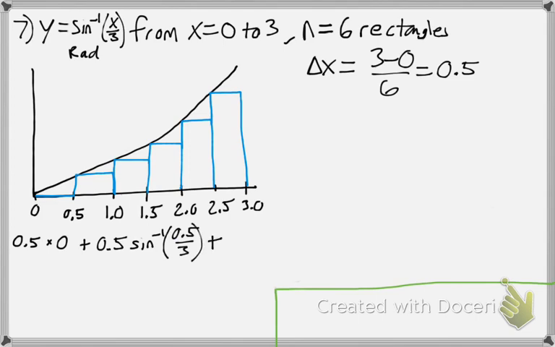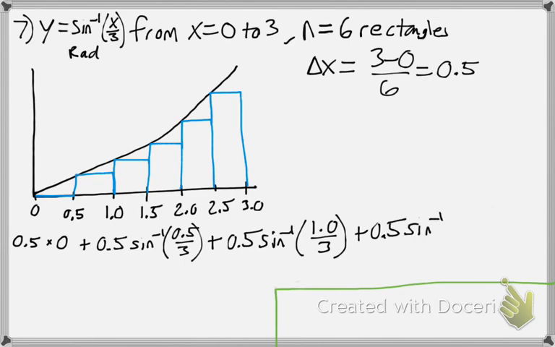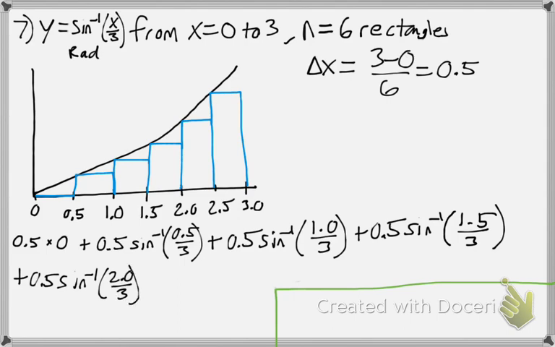And then add 0.5 times sine inverse of 1 divided by 3 plus 0.5 times sine inverse of 1.5 over 3 plus 0.5 times sine inverse of 2.0 over 3.